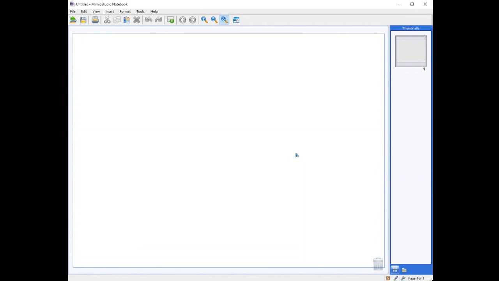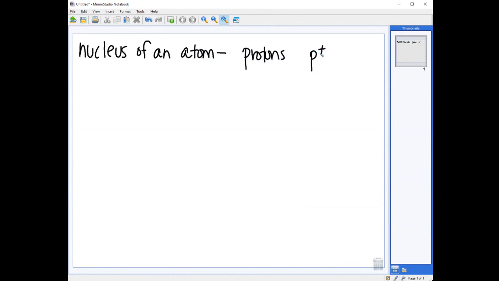So within the nucleus of an atom, we have protons, which remember I abbreviated with the P superscript plus, and neutrons, which we abbreviated with the N and the 0 to indicate that they don't have a charge.